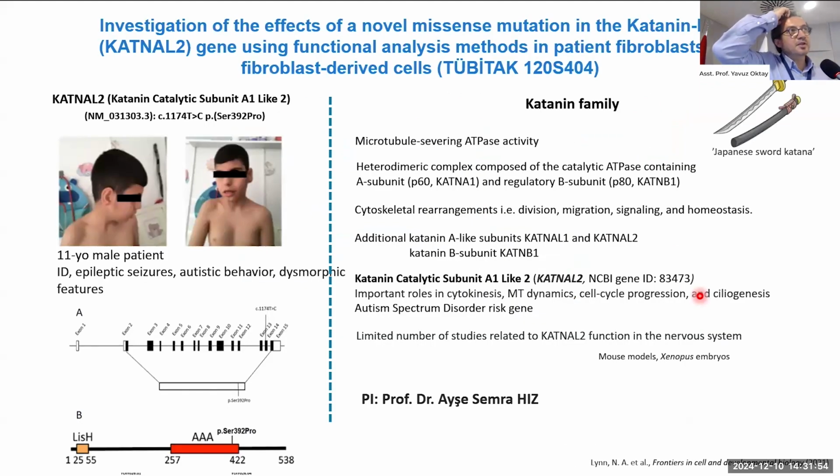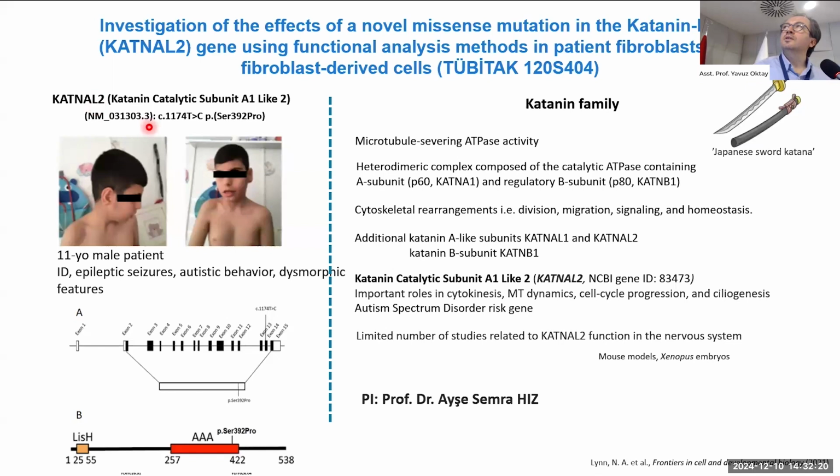Yes. So let me mention a bit about what we have been doing, how we are using these iPSCs. This is from a study where our lab, with Professor Semra Hız and our collaborators, identified a novel variant in a gene named CATNAL2.